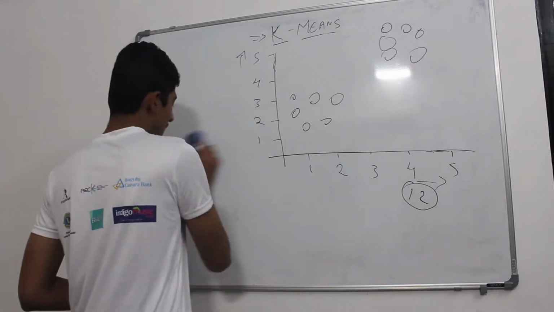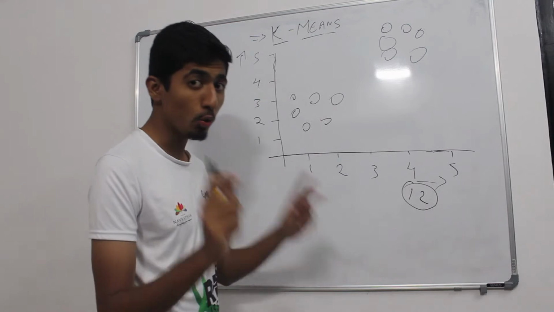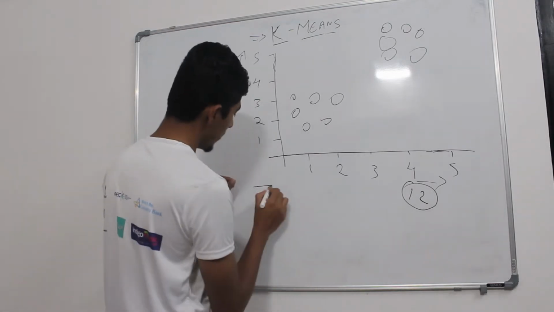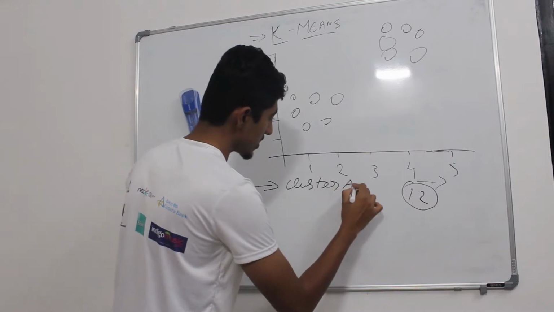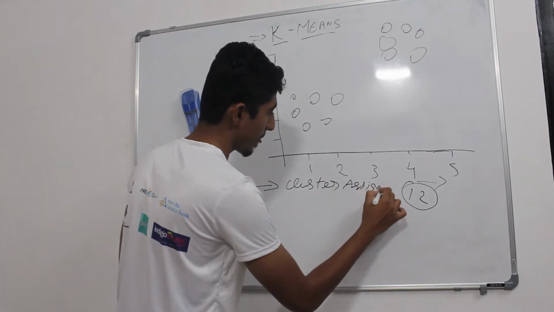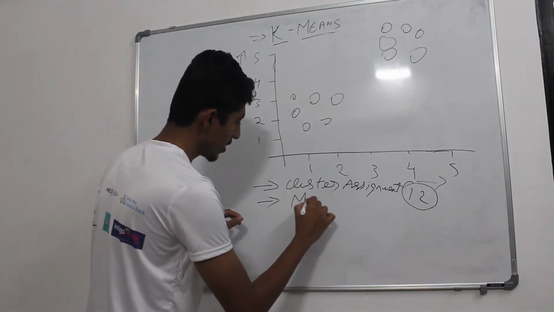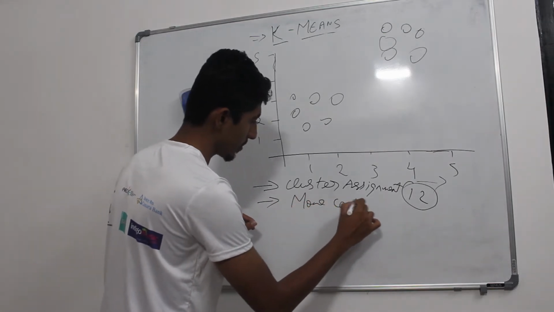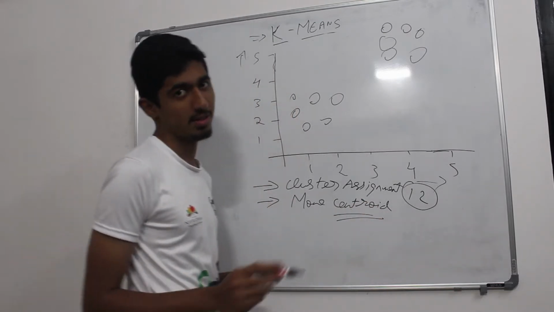A K-means algorithm basically has two main steps. The first step is the cluster assignment step. The second step is the move centroid step. These steps are when things start to get real.